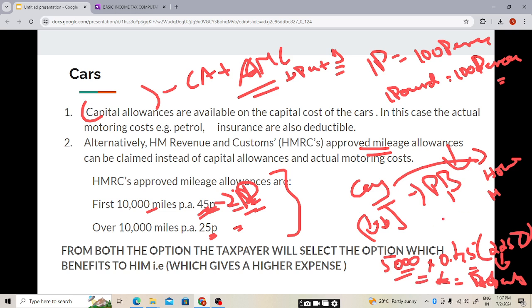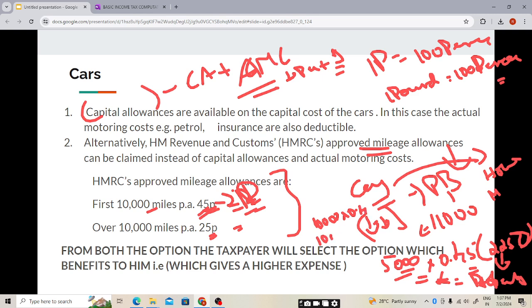Clear with this? If the car was used and has traveled 11,000 miles, then for the first 10,000 miles you will be charging at 0.45.